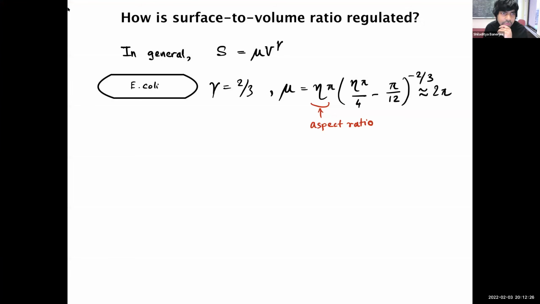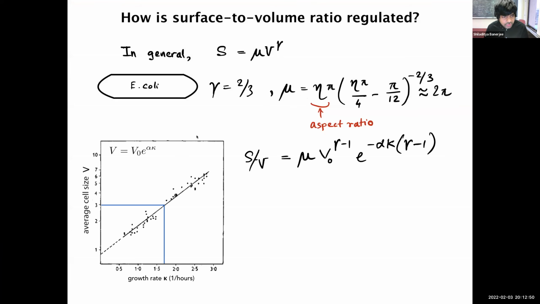So how is surface to volume regulated? In general, we have this power law scaling, so S equals mu V to the power gamma, right? For simple shapes, you can work out what mu is, and mu is a nonlinear function of aspect ratio. If aspect ratio is 4, you get approximately 2 pi, which is for most bacteria, right?